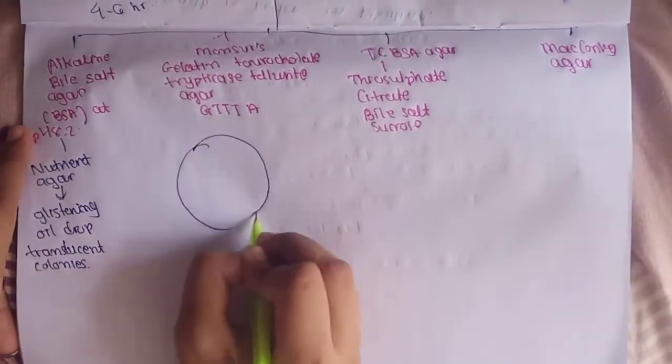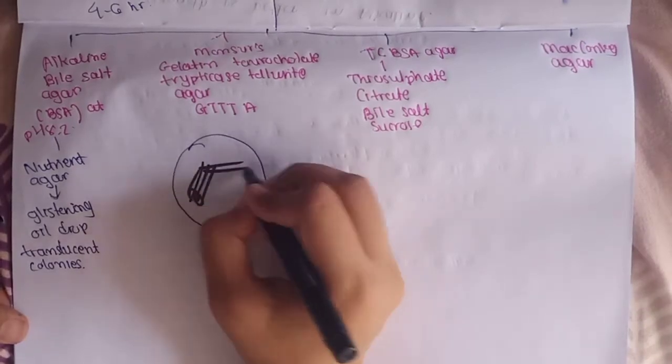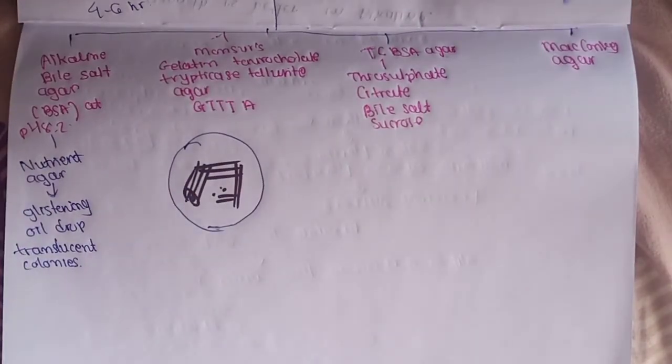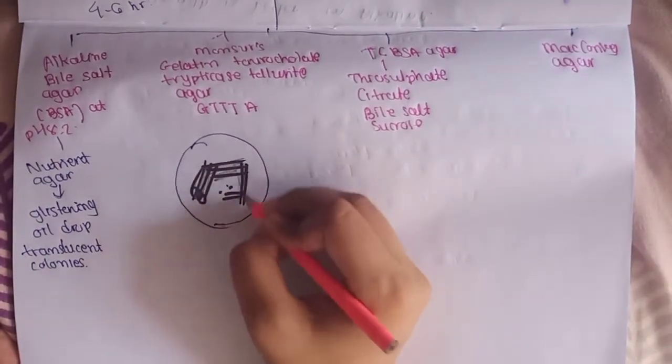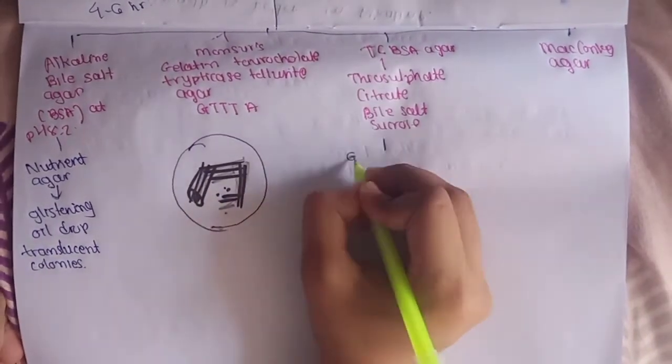In GTTA, we will find that V. cholerae produce small colonies with the grayish black center and a turbid halo. So these will be the colony on GTTA agar.